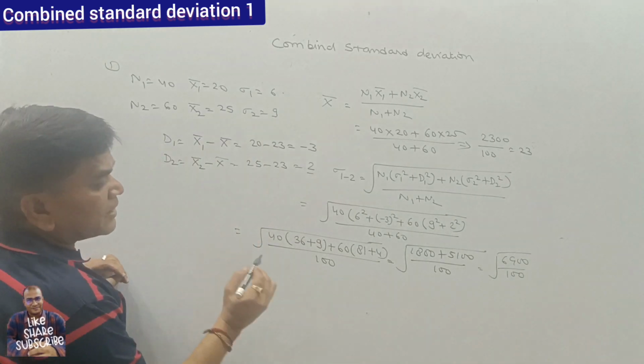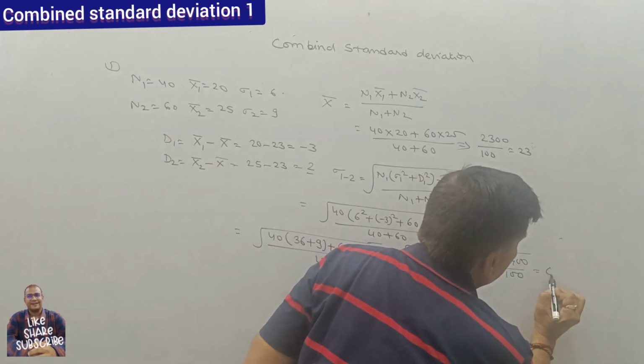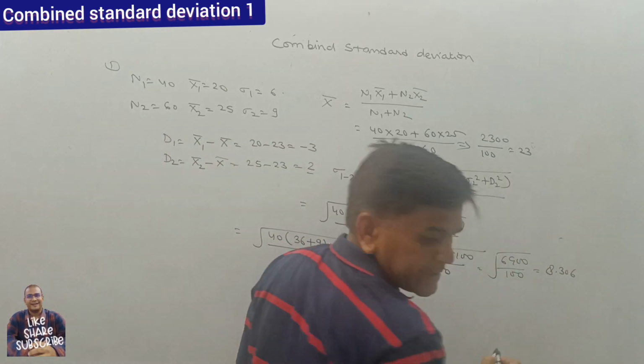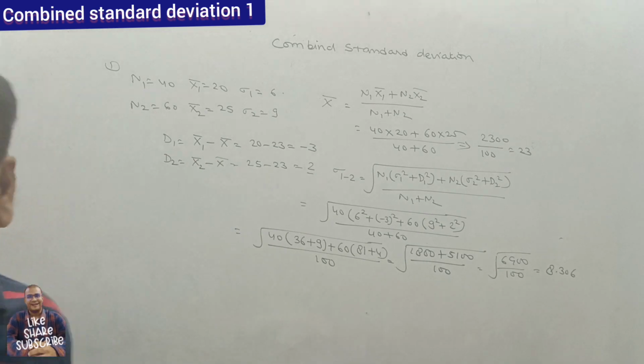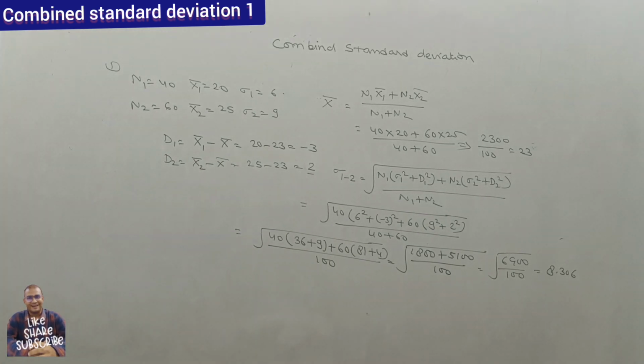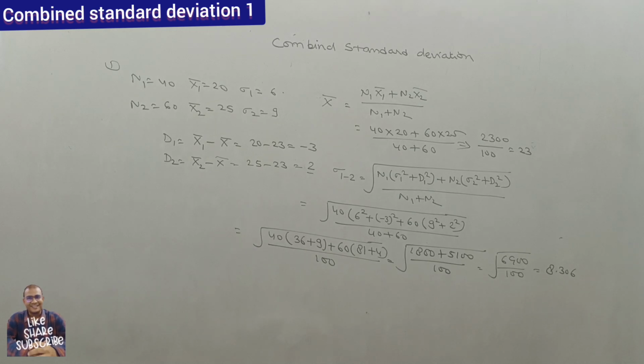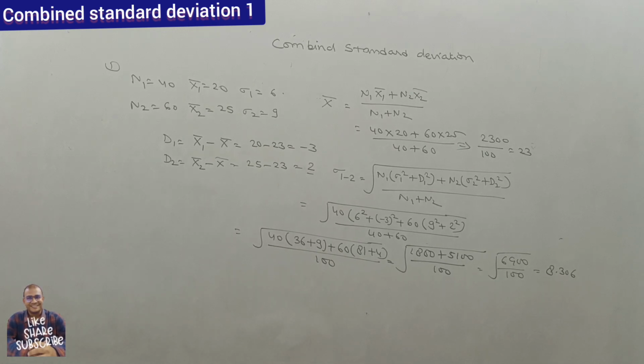So the combined standard deviation will be 8.306.